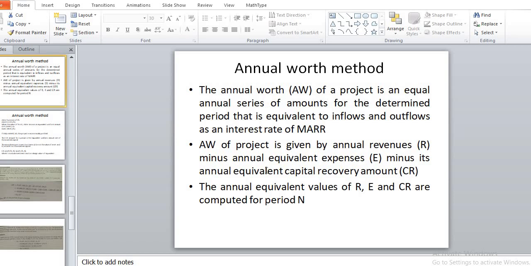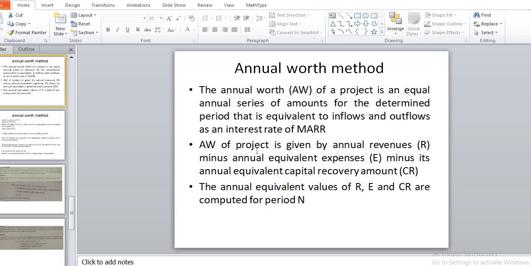For this particular annual series amount, we can consider it as the annual worth. So annual worth is nothing but an annual series of amounts with a particular interest rate, which we consider as the minimum attractive rate of return, for a particular period of time, and for particular inflow and outflow of cash.